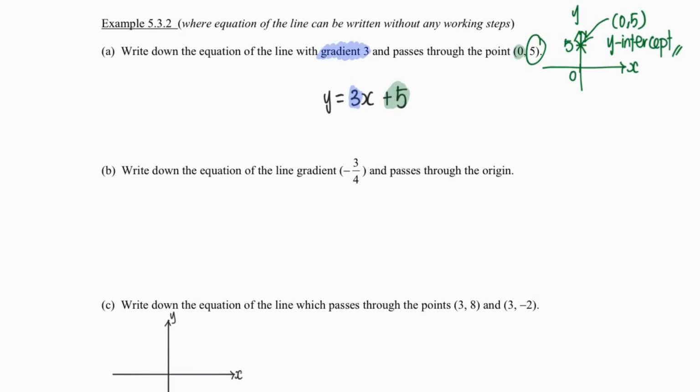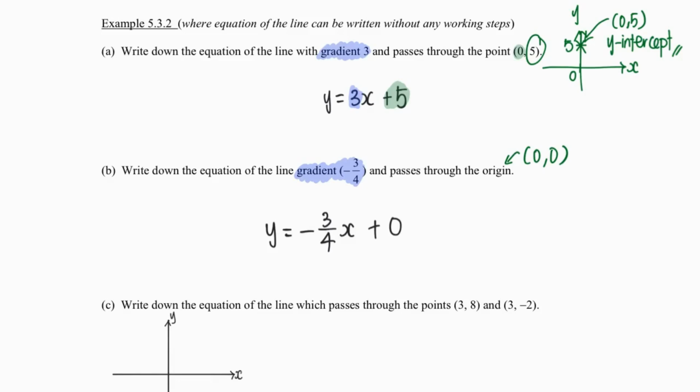Again, we are given gradient. We are also given a point, origin, and origin is 0, 0. So, making use of what we have seen on part A of this particular question, negative 3 over 4x plus 0.